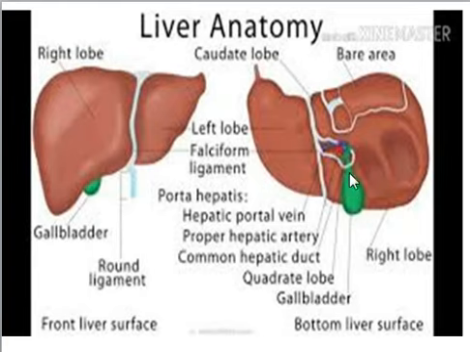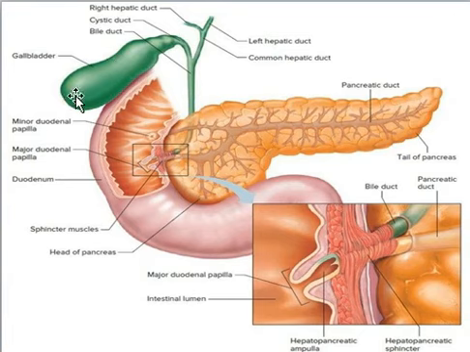And here at the liver, we see a green sac. This is the gallbladder. This green sac looks like a pear in shape and has a fundus, which stores the bile.